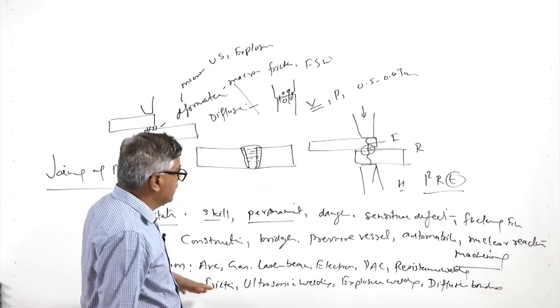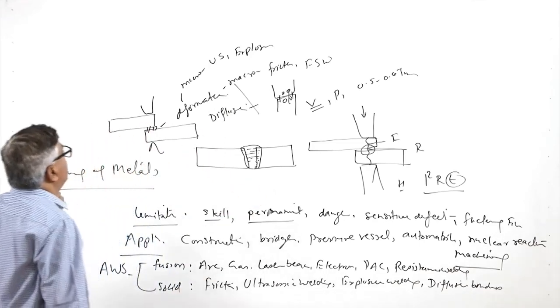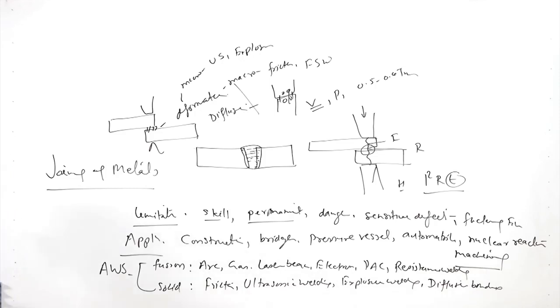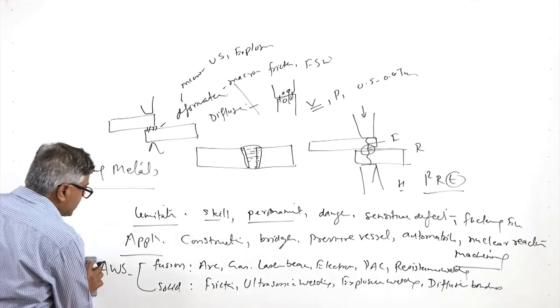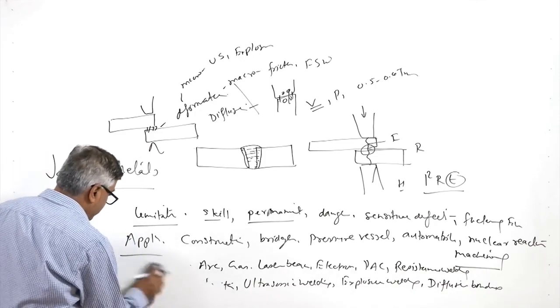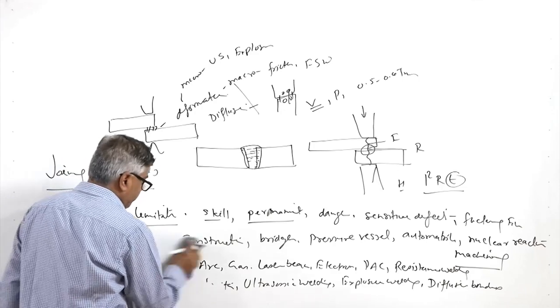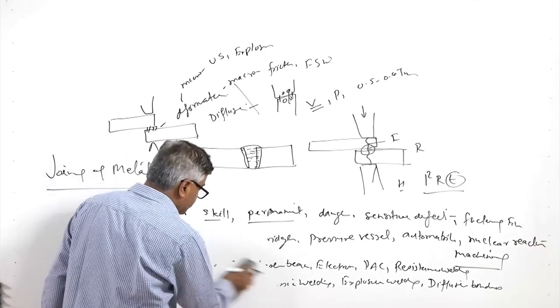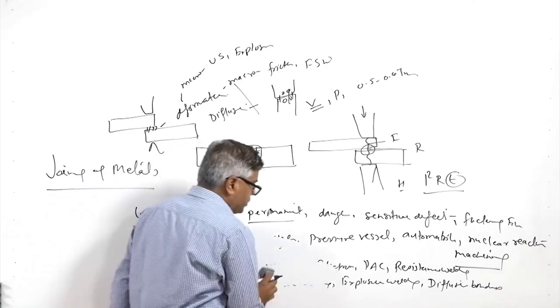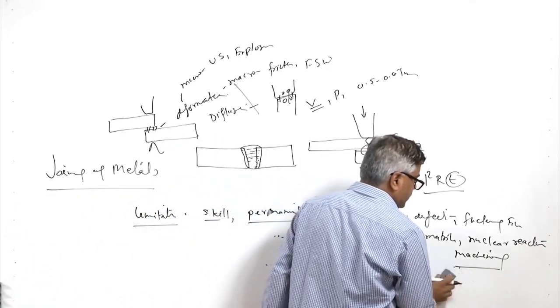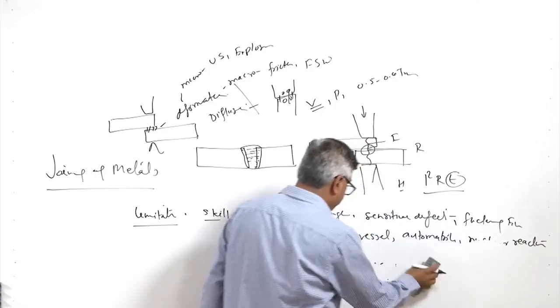In solid state joining processes there is no fusion, but different approaches like macro or micro scale surface layer deformation or diffusion are used to achieve the metallic continuity so that the joint can be made.